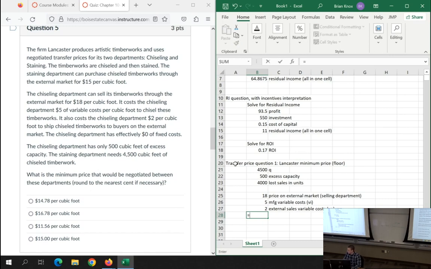So for every external sale we make, we should be earning $11 of contribution. So that's the $18 price on external sales minus the $5 it costs to make, minus the $2 it costs to ship or sell externally. So this is our unit CM, and everything's in cubic feet. Unit CM for external sales.